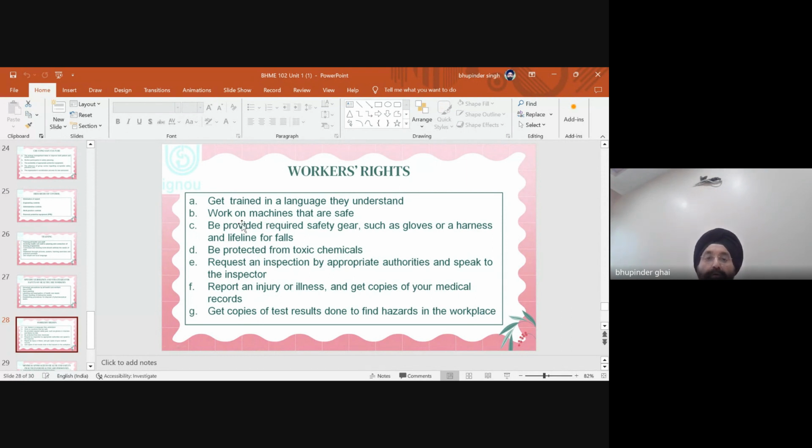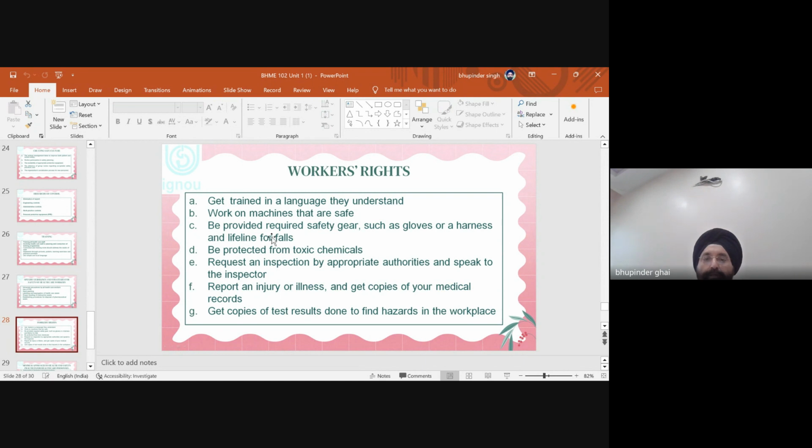Then allow work on machines that are safe. Don't ask a worker to work on a machine which is unsafe, because in that case, if there is any accident, then the blame or the responsibility will come to you.